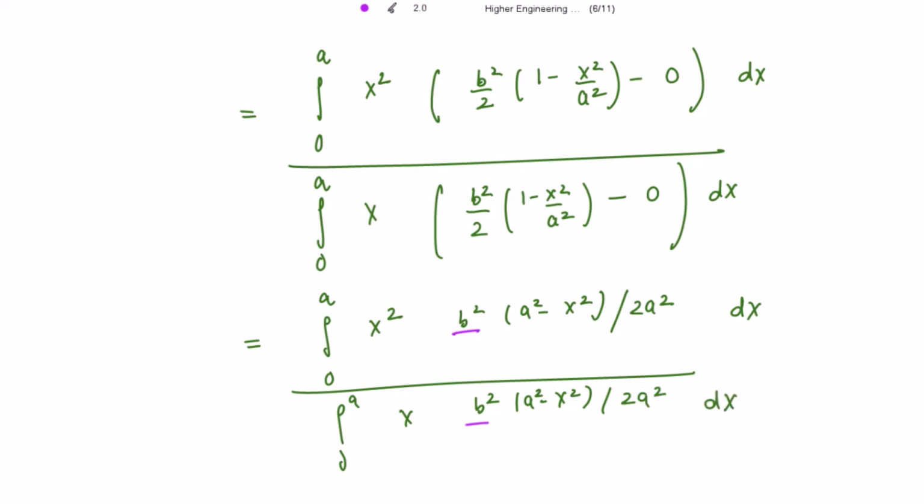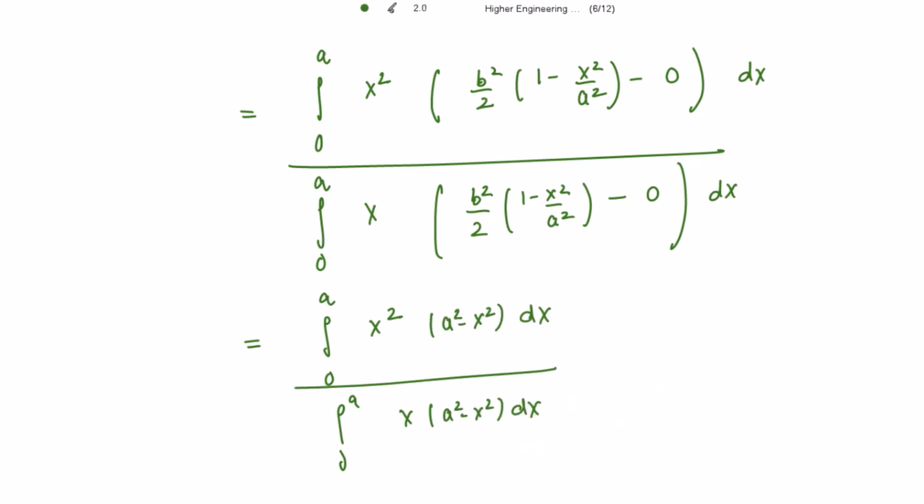Now b square and 1 divided by 2a square are constants. So taking them outside and cancelling these, we get a square minus x square in the numerator and a square minus x square in the denominator. Let's multiply this x square inside this bracket and also this x inside this bracket.